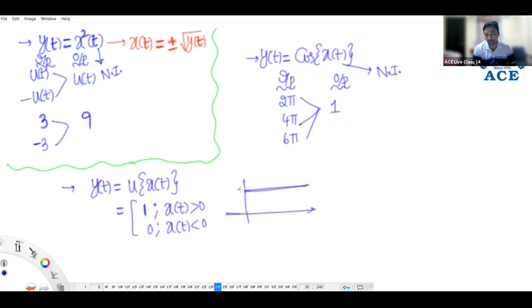What is the fixed output we have? 1. For negative inputs, it is 0. Whether you take input as 1, 2, 3, 4, any number, the fixed output is 1. That indicates the system is non-invertible.